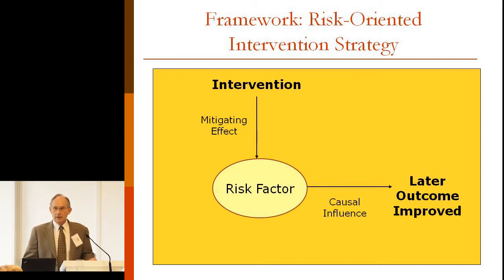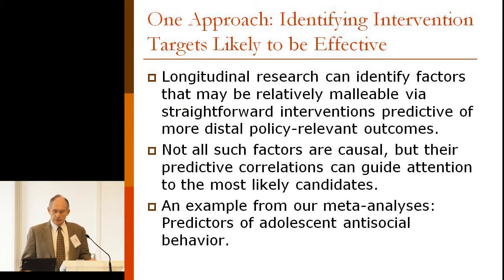So having some idea of what those proximal outcomes or risk factors are is helpful in shaping evidence-informed programs because they give us targets. And we also have broader frameworks and broader research on intervention and its relationship to those outcomes. So knowing something about the broader research perspectives beyond the name brand evidence-based programs may also be helpful in this regard. So let me talk about each of those in turn.